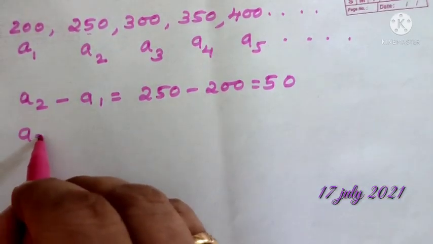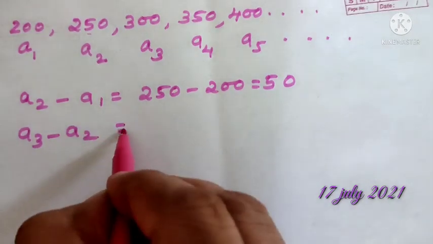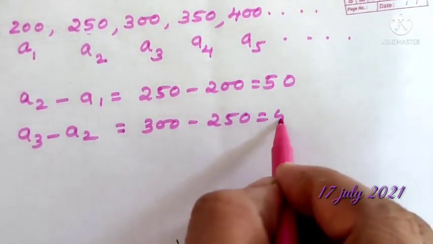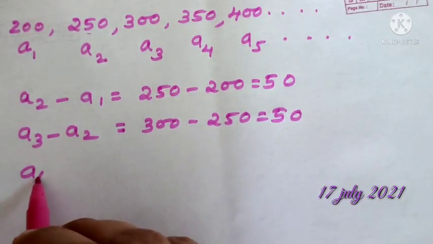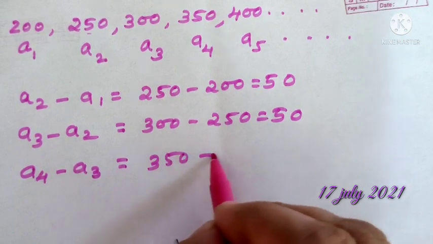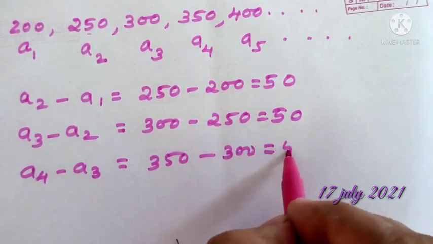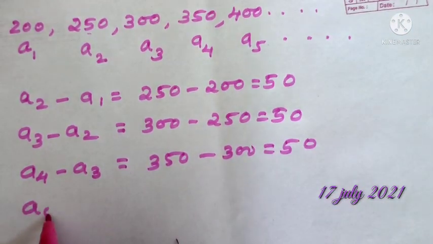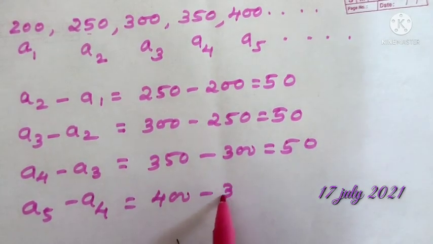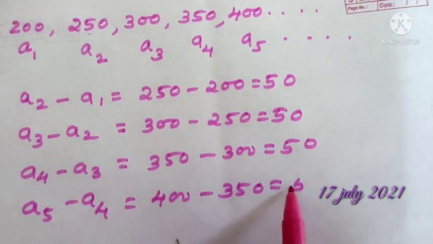Next, a3 minus a2 is 300 minus 250, again 50 only. Next, a4 minus a3 equals 350 minus 300 equals 50. A5 minus a4, again 400 minus 350, is equal to 50 only.